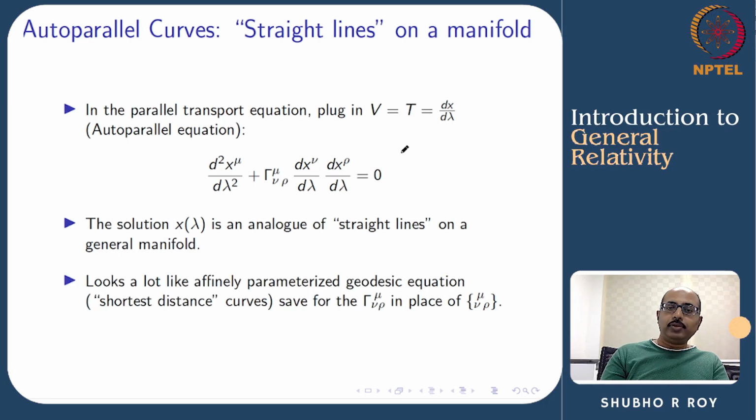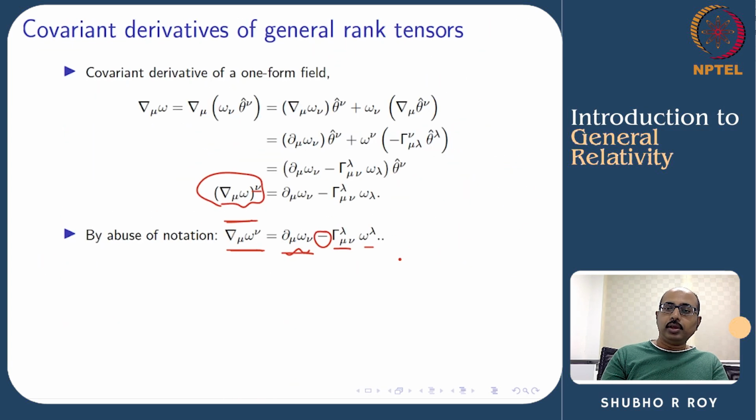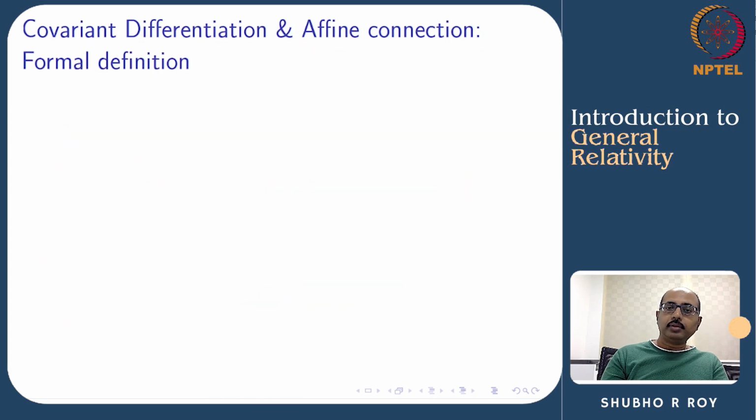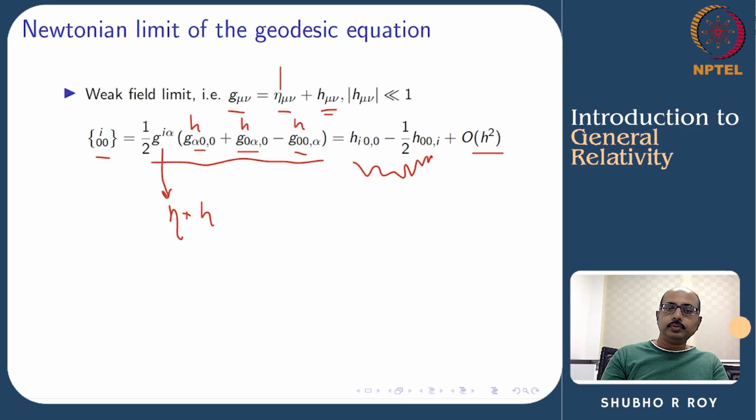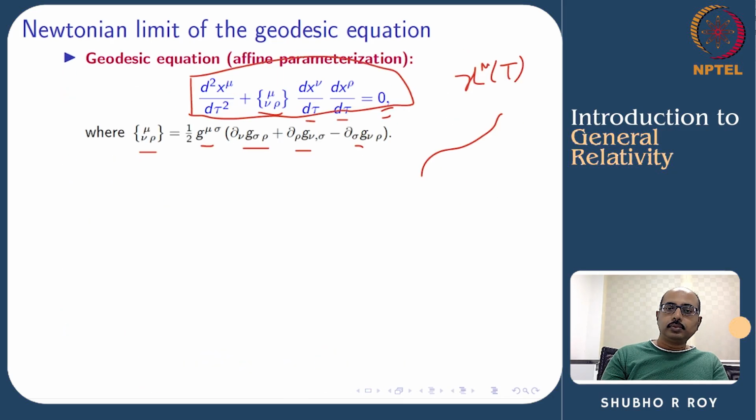One thing you must notice is that this equation looks a lot like the geodesic equation. Let me flash to the first slide. The geodesic equation, as you can see, has a second derivative term and then a velocity term multiplied by the Christoffel symbol.